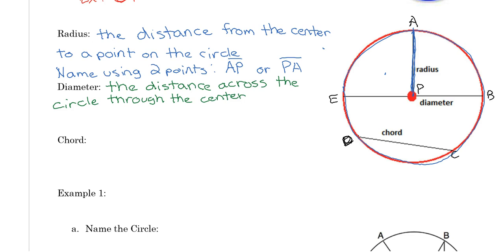We've also talked a lot about diameters. They have to go through the center of the circle. So here's our diameter. We also name it using 2 points, just like any other line. For example, I can go E to B, put a line over it, or I could go this way, so I can also name that BE.